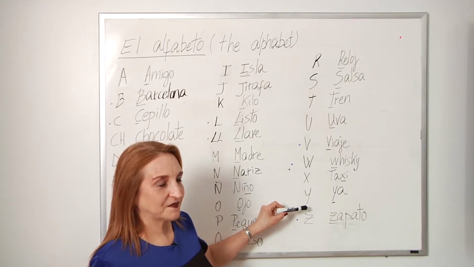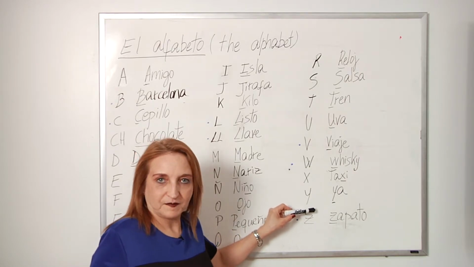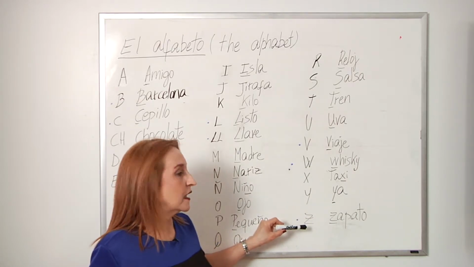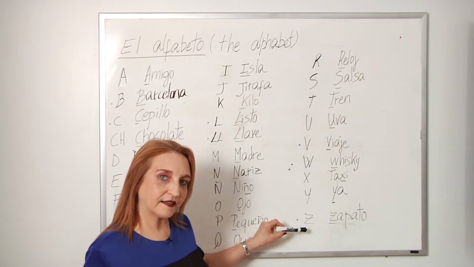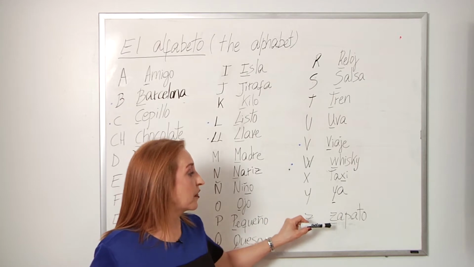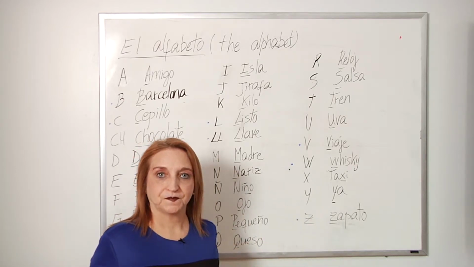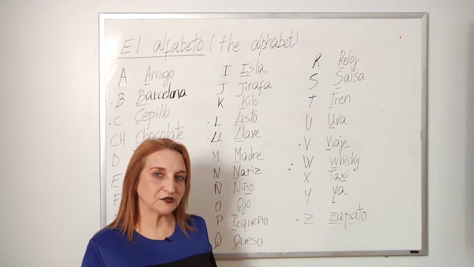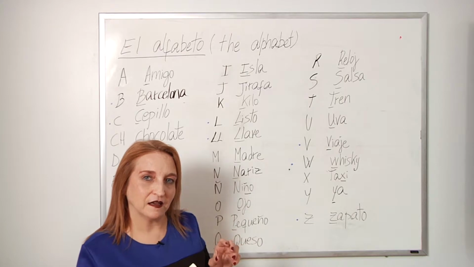Y, for example, ya, already. Y and zeta. Zeta, like zapato. Zapato is shoe.